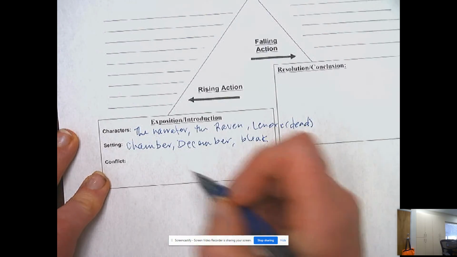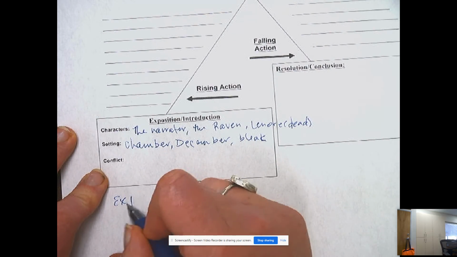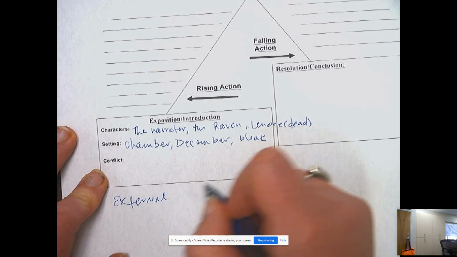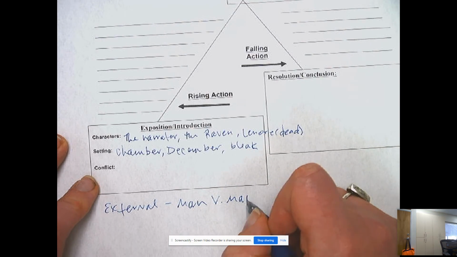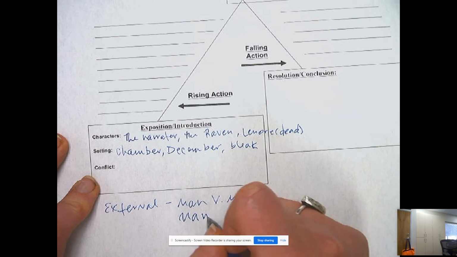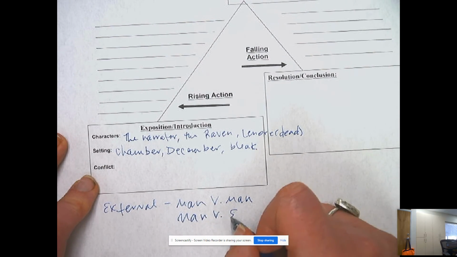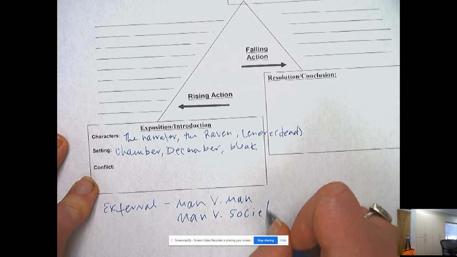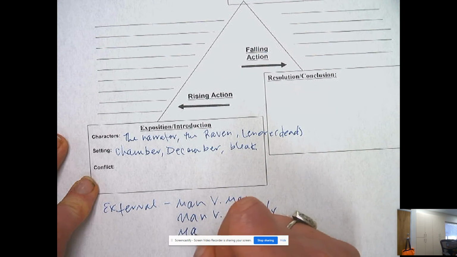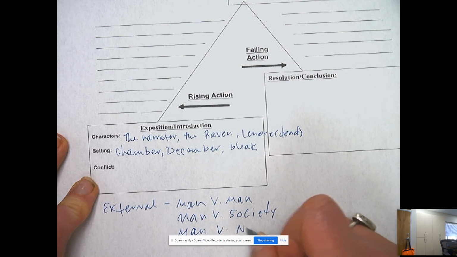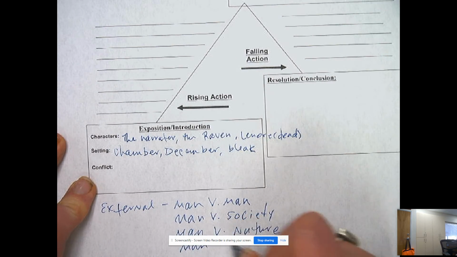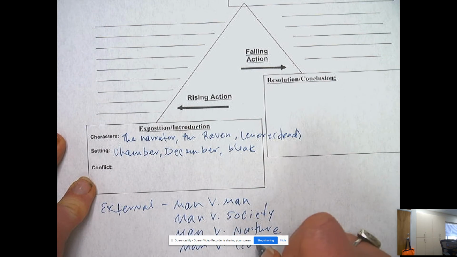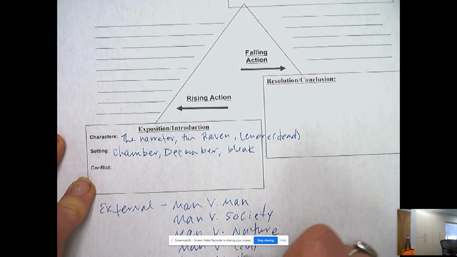The conflict, remember that we have external: man versus man, man versus society, man versus nature, man versus God, man versus technology.